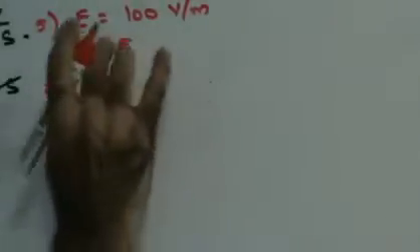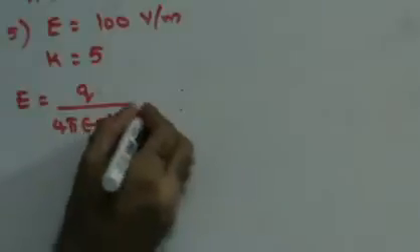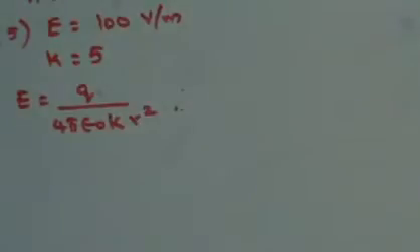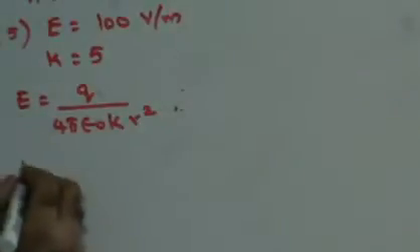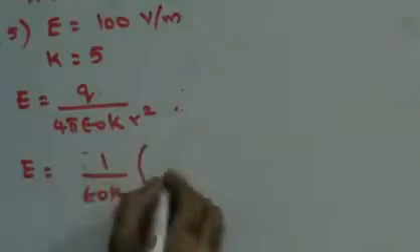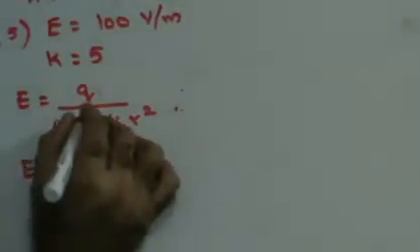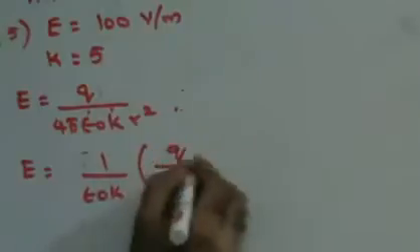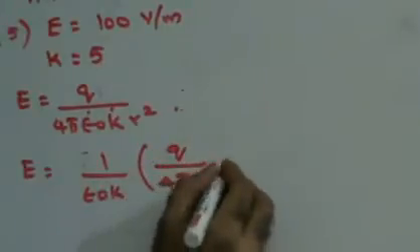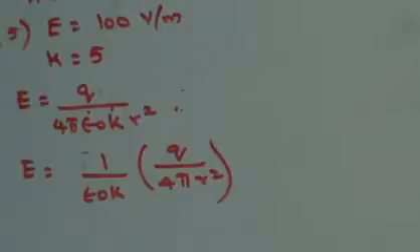Now guys, we know that E is equal to Q upon 4 pi epsilon 0 k r square, right? Now, let's try to reframe this. E is equal to 1 upon epsilon 0 k, that will give you Q upon 4 pi r square. But what kind of an object am I using? I'm using a sphere, right?